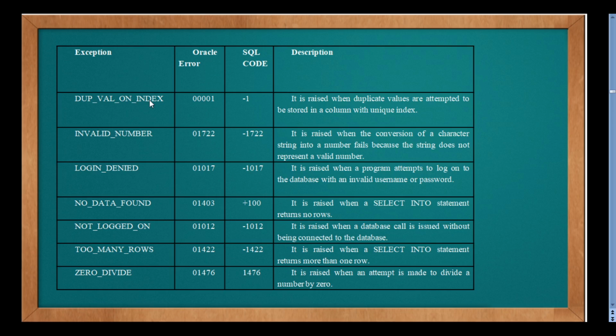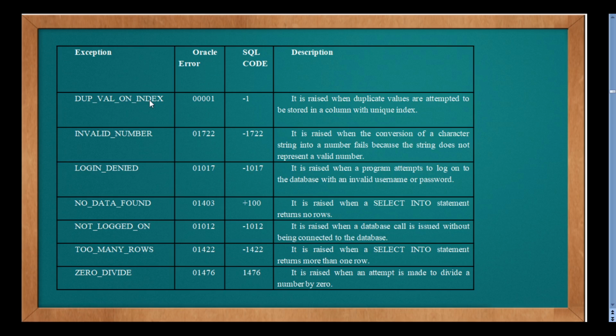Coming to INVALID_NUMBER: if you try to convert a character string into a number and it fails, it raises the exception INVALID_NUMBER. And LOGIN_DENIED is raised when a program attempts to log on to the database with an invalid username or password. If you try to log on with the wrong username and password, it raises the exception called LOGIN_DENIED.